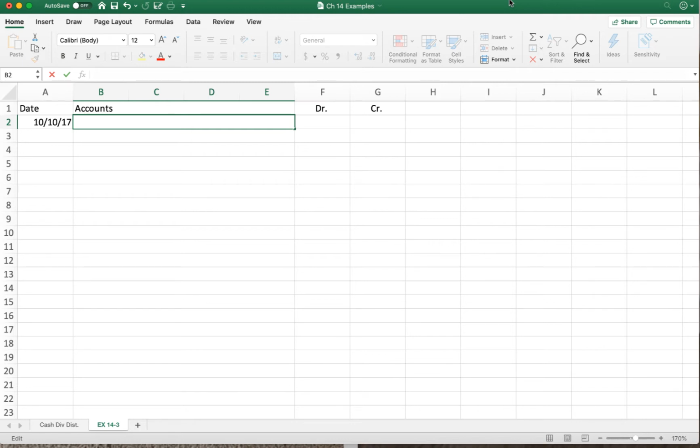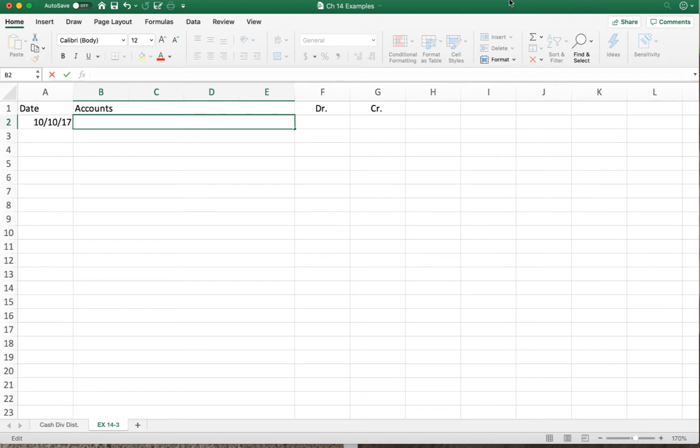Okay, they tell us that they want us to journalize on the declaration date a 15% stock dividend on December 10th, 2017 for the following independent assumptions. So each of these assumptions give us a different par value as well as a different market price. If you see in part A, it says par value is $10, market value is 18.